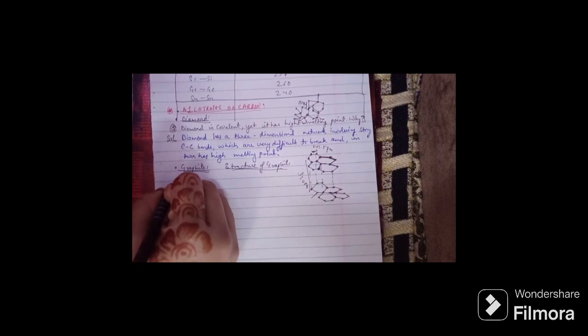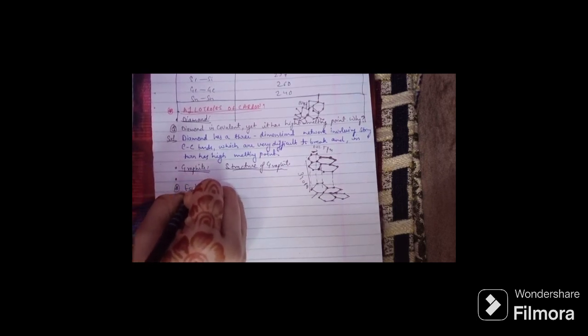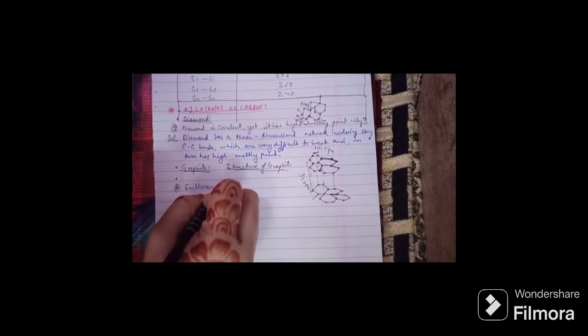Now I talk about fullerene. Fullerenes are made by heating graphite in an electric arc in the presence of inert gases such as helium or argon.